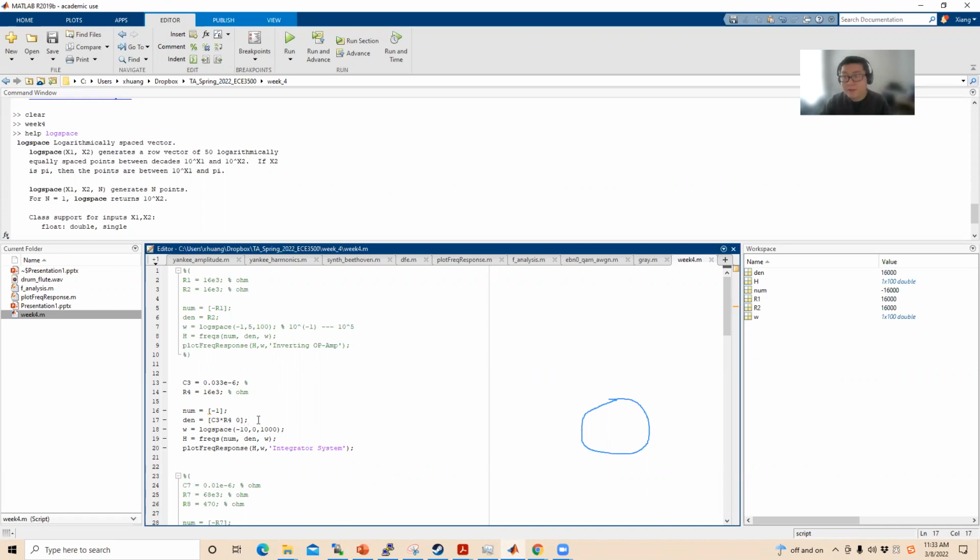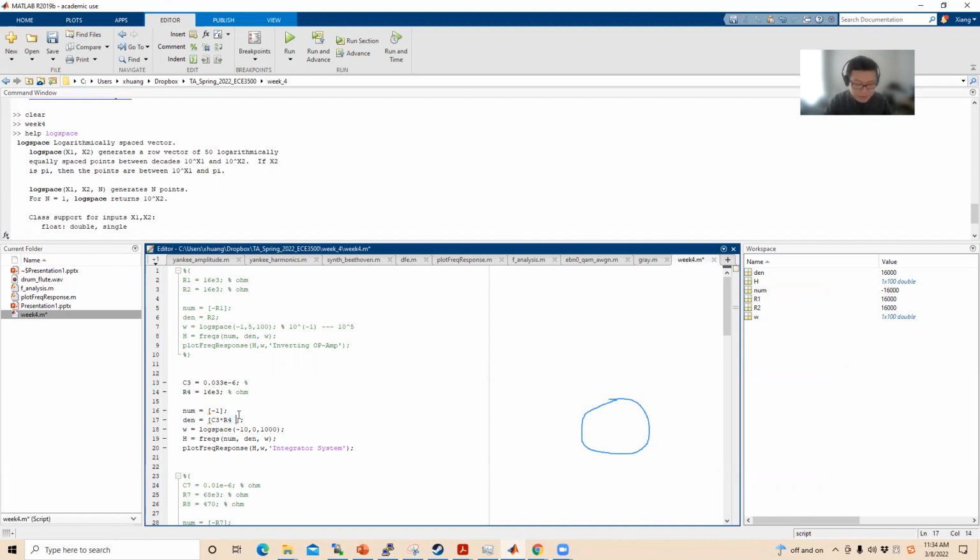If you don't put 0 here, this equation just tells us that for the denominator, the zeroth order coefficient is C3 times R4.